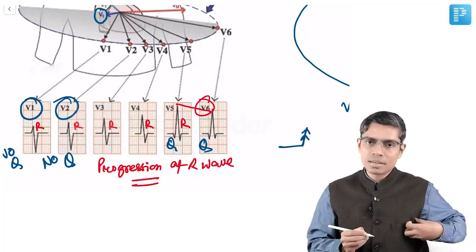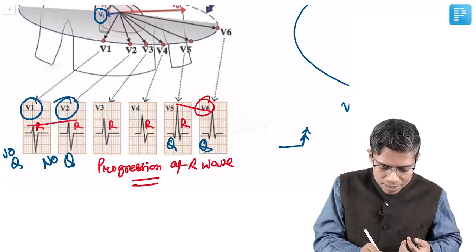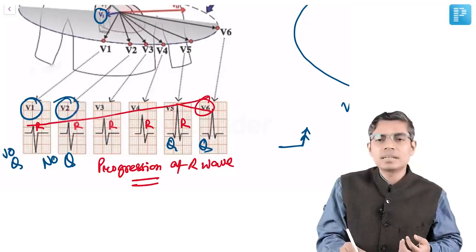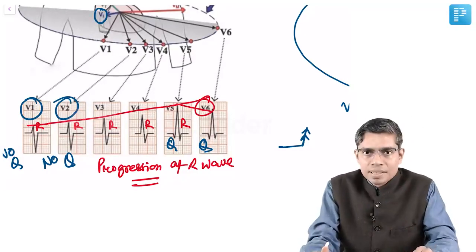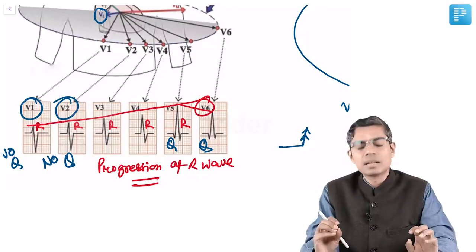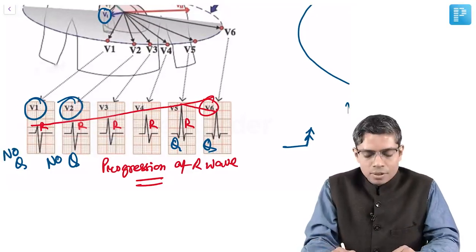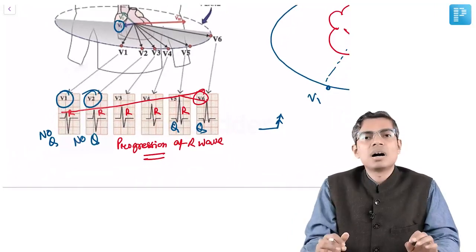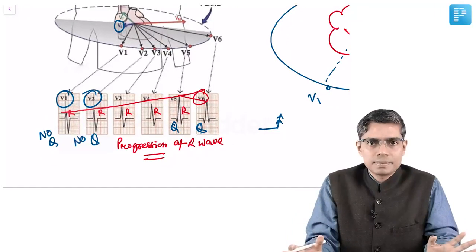V5 is very close to the heart surface, so there will be a gradual increase. So V6 should be highest, but because of the hindrance of the lung, the V6 voltage is a little lower than V5. Okay, so this is known as progression of R wave in precordial leads.